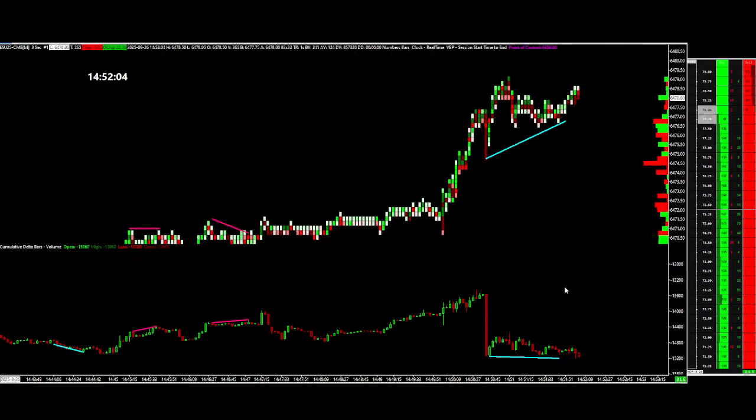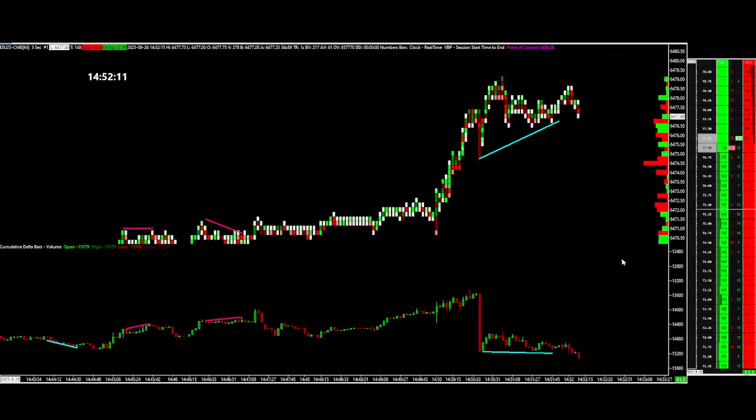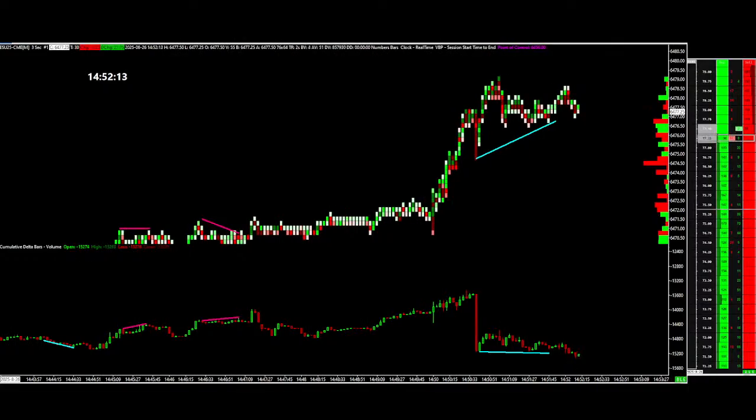Some of what we did wrong was anticipate the move. Sometimes you got to go for it when they're testing it. Because if you're anticipating the move, you'll see how they're coming in to test it.